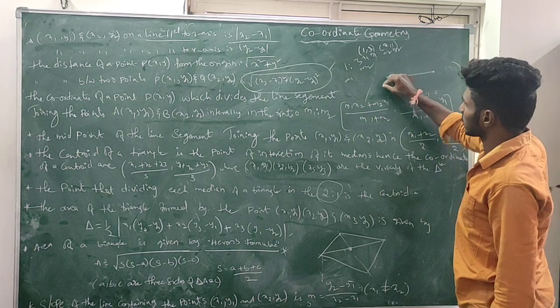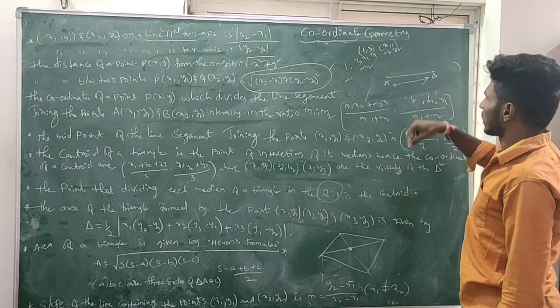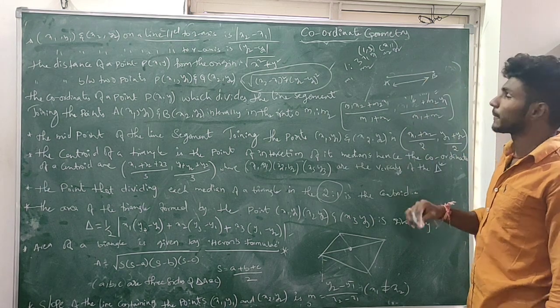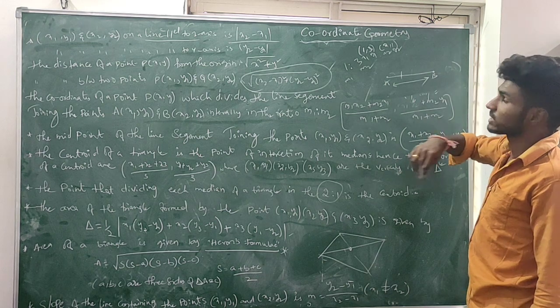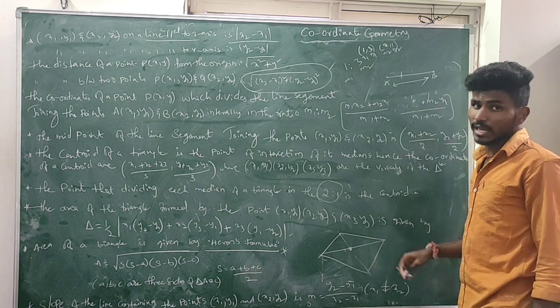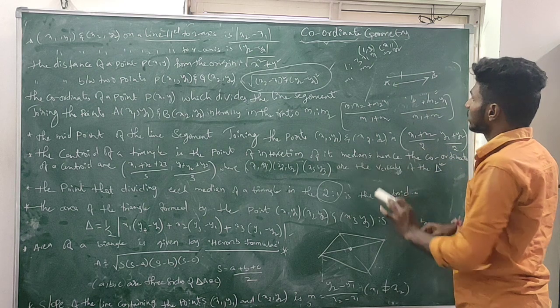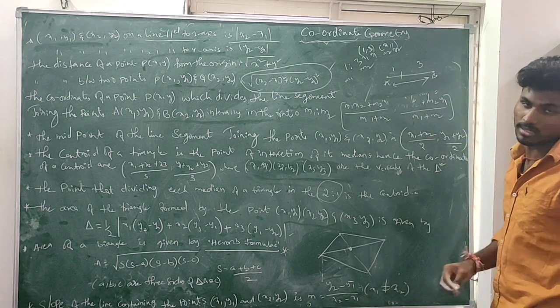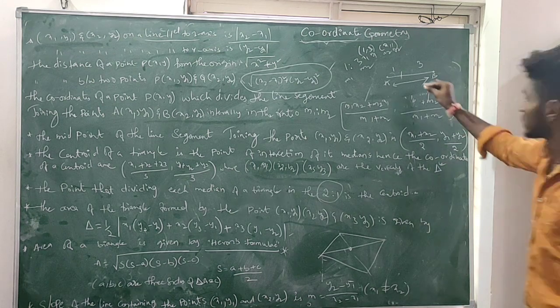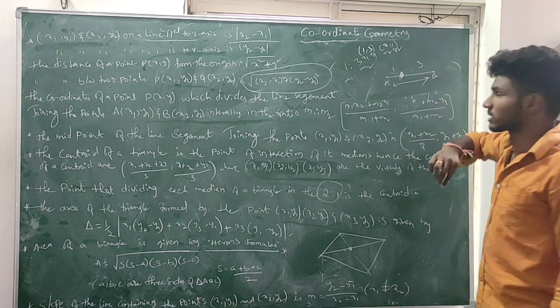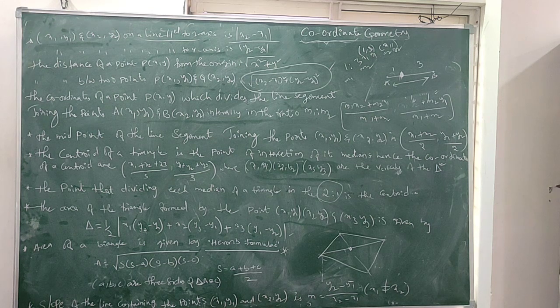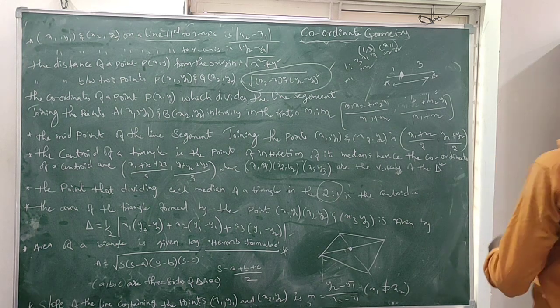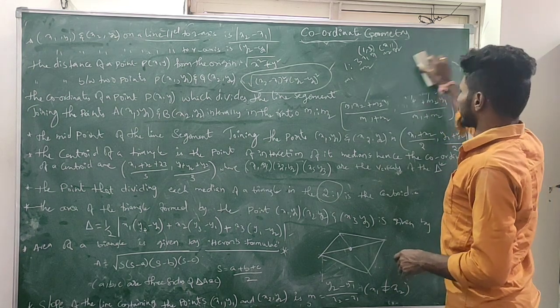Now I am not interested in finding the distance of A and B. I am interested in finding the point where I should divide this line so that this is 1 part and this is 3 parts. I am only interested in finding that particular point, where the division is in the 1:3 ratio. So just keep everything in the formula.